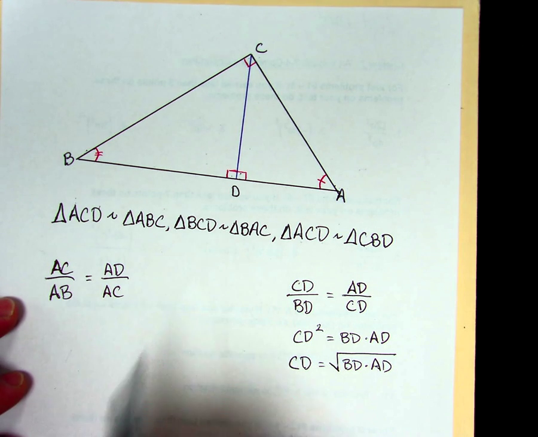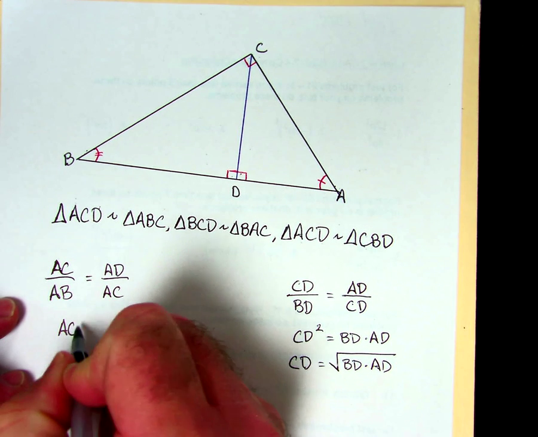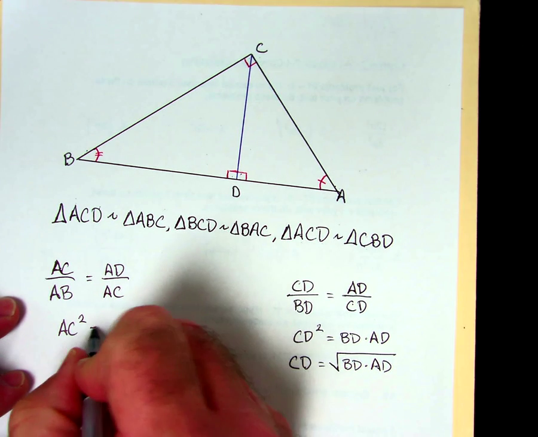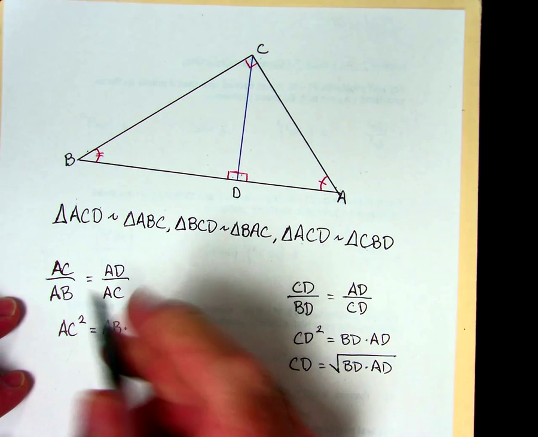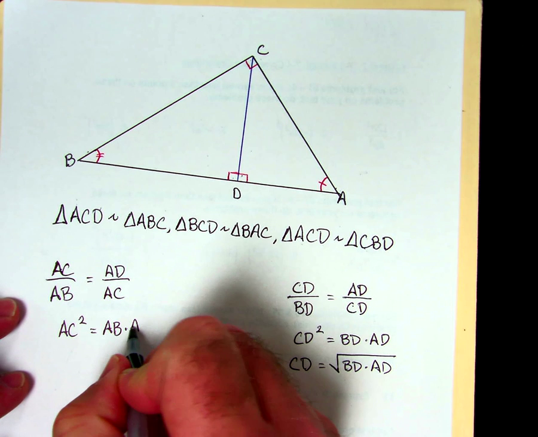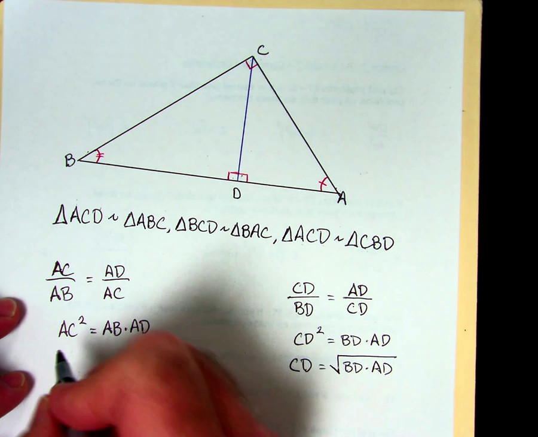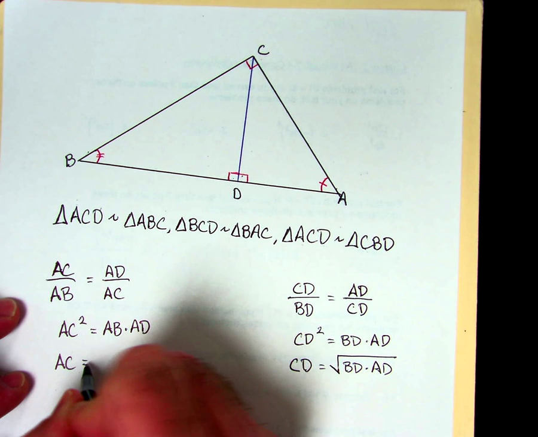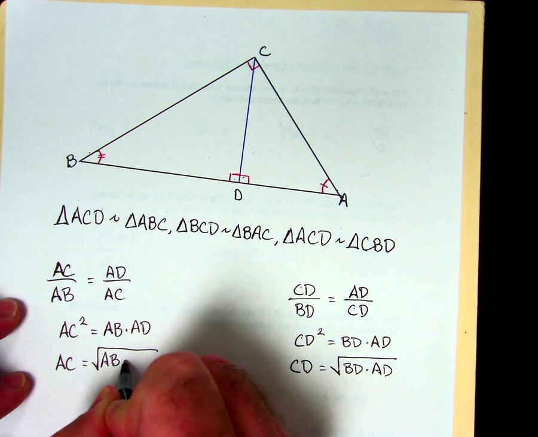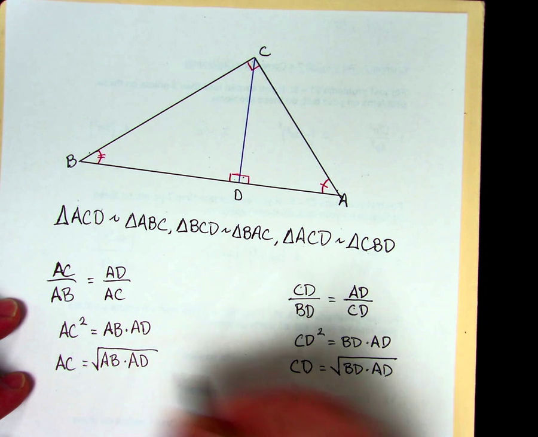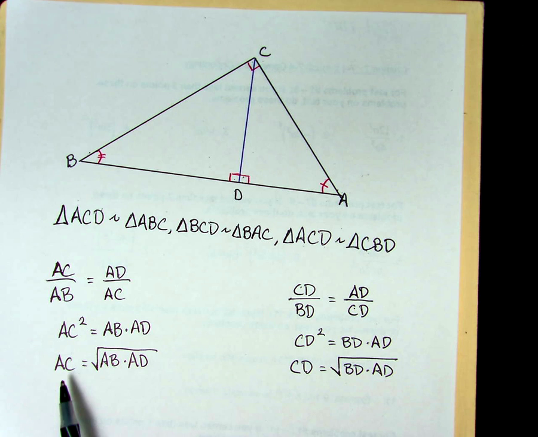So if we do cross products, we'd have the distance from A to C squared equals the distance from A to B times the distance from A to D. So the distance from A to C is the square root of the distance from A to B times the distance from A to D. Now, algebraically, it'd be positive or negative the square root, but we know these are distances.